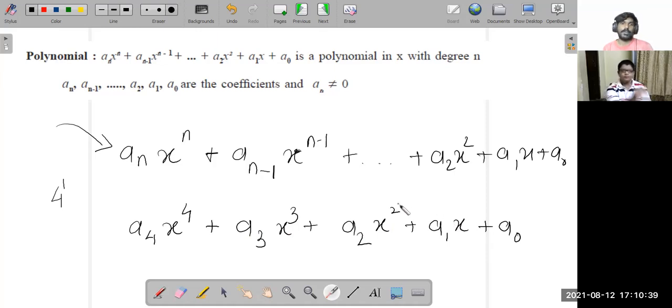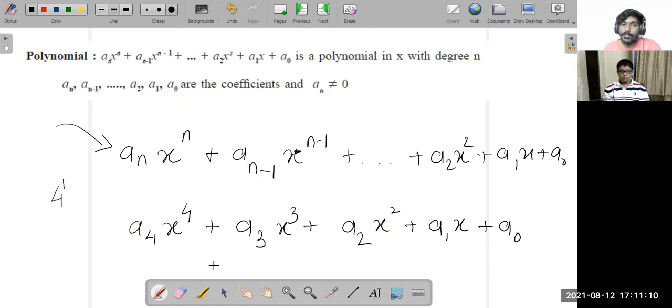Yes, sir. Okay. So in this, a n minus 1, dot dot dot, a2, a1, a0, these are all coefficients. Now, always one thing you need to keep in mind: the coefficient of the highest power of the variable. For example, in this one, the highest power is x raised to 4, and the coefficient of x raised to 4 is a4.